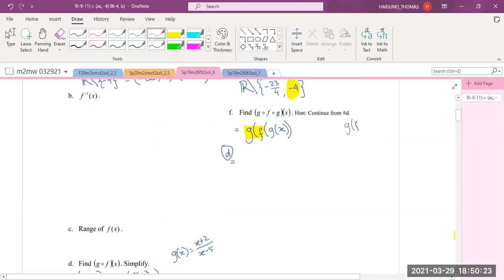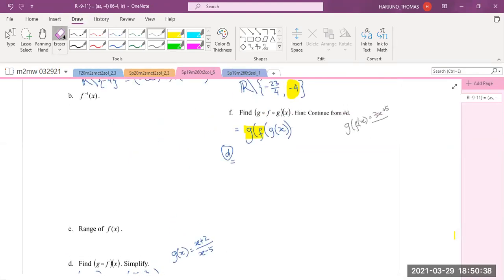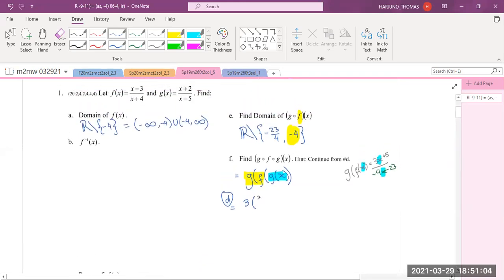g of f of x is 3x plus 5 over negative 4x minus 23. Is it right? Okay. Now then you basically replace the x there by g of x. So this will be 3 times, what is g of x? x plus 2 over x minus 5.